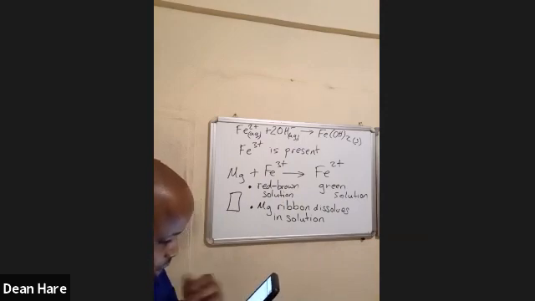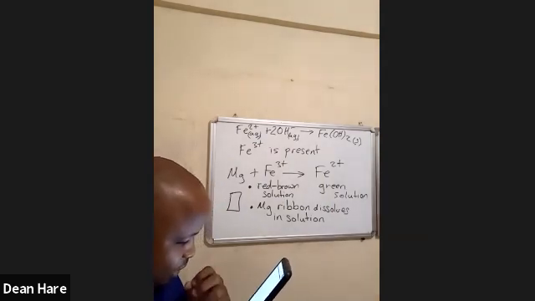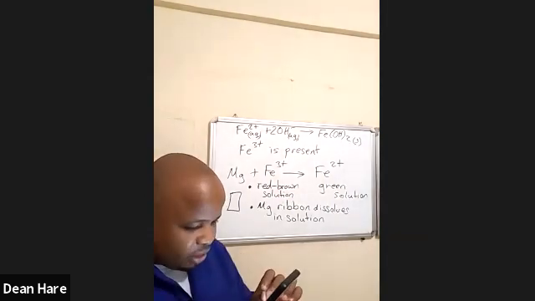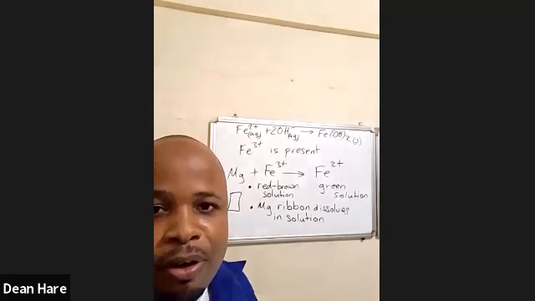And then, test 3 now, we see what? Dilute nitric acid followed by barium nitrate. Once you say barium nitrate, which ion are we testing for? Sulfate. Sulfate, that is correct.